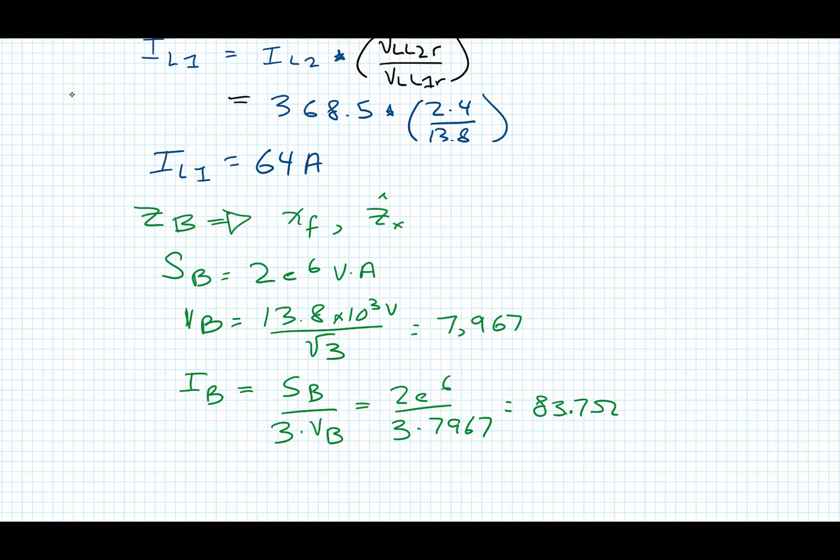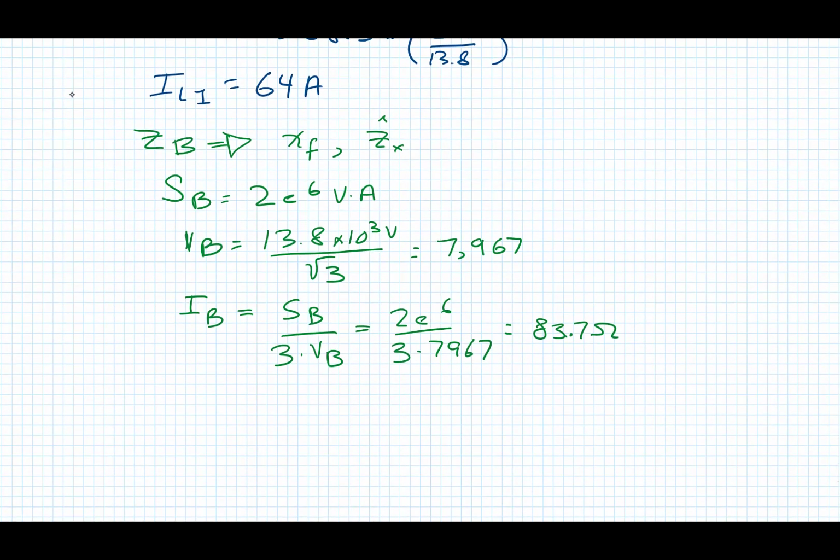And now we can find our ohmic values for the feeder. Feeder reactance, we're neglecting any resistance in the feeder, is equal to j0.1 times 83.7, j8.37.